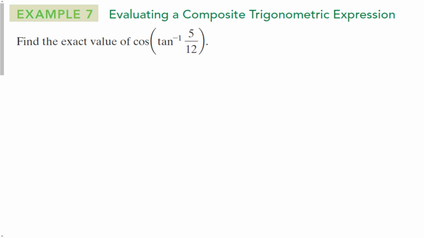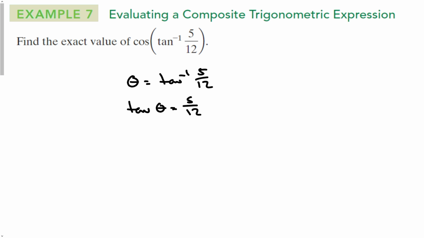So let's try it. The cosine of the inverse tangent of 5 over 12. That means I want an angle whose tangent is 5 over 12.